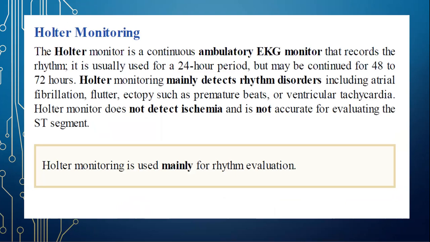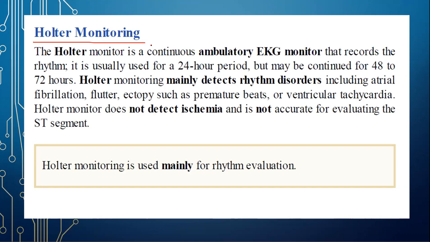Now there is another investigation which we call Holter monitoring. Holter monitoring is also very important and comes in the exam many times. It is continuous ambulatory ECG monitoring for 24 hours. For 24 hours the patient has the ECG attached to their body, and most importantly, it can detect any rhythm disorder like atrial fibrillation, flutter, ectopics.